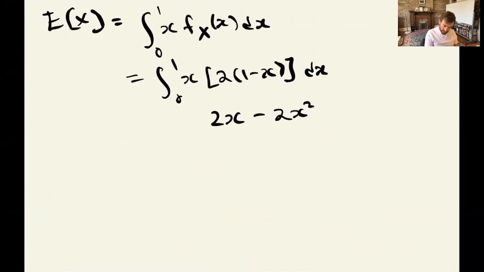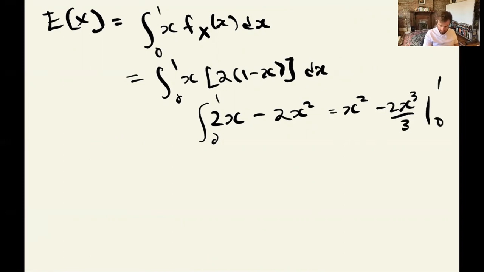Assuming I didn't mess anything else up. Integrate from 0 to 1. Well, luckily this ends up equaling x squared minus 2x cubed over 3. Plug in 1 and 0. 0 doesn't matter, so I just plug in 1. So this is 1 minus 2/3 equals 1/3. So that's the expectation of X.